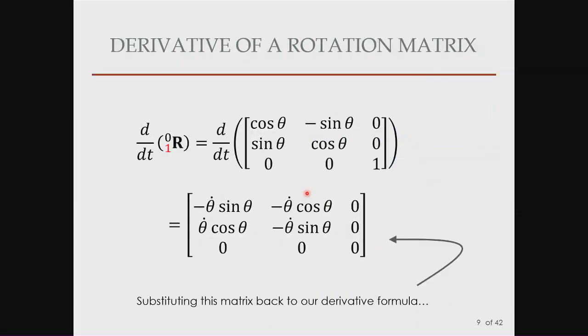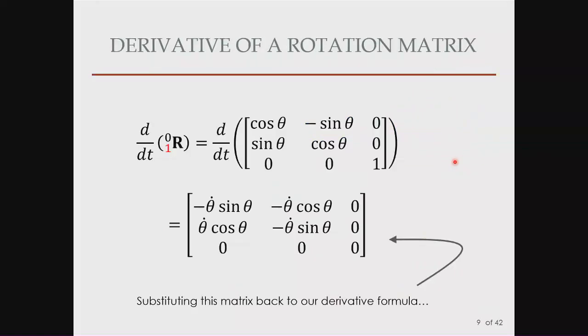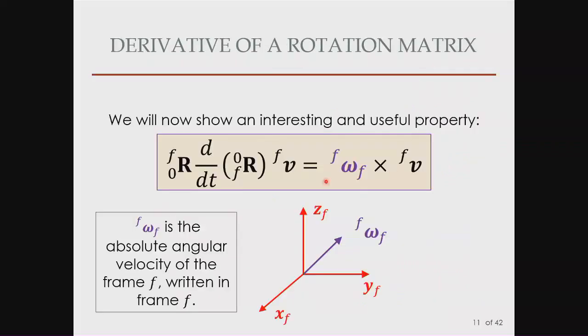First of all, look at this part: d/dt of R from f to 0 times the vector in frame f. This part, memorize it. It is these two, pre-multiplied by the rotation matrix from 0 to f.